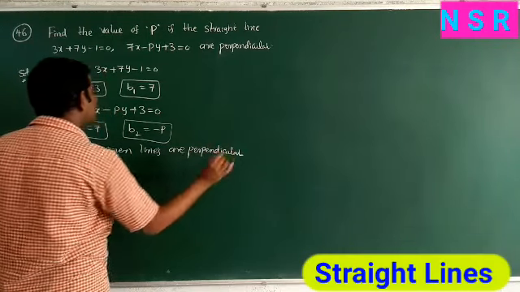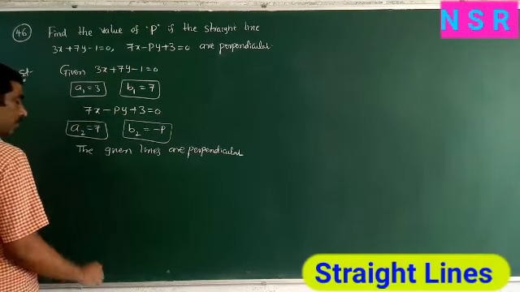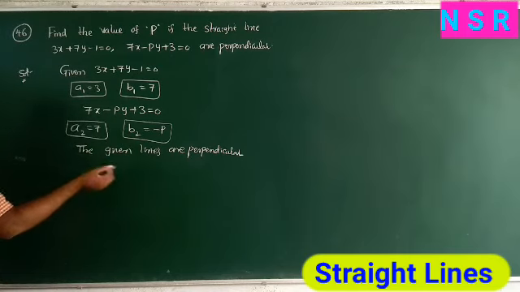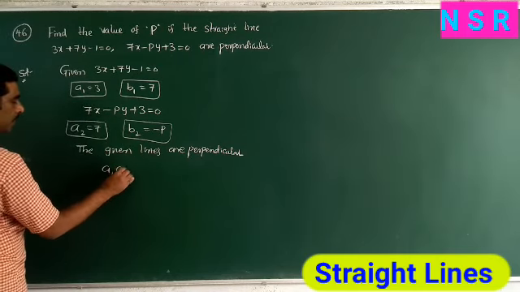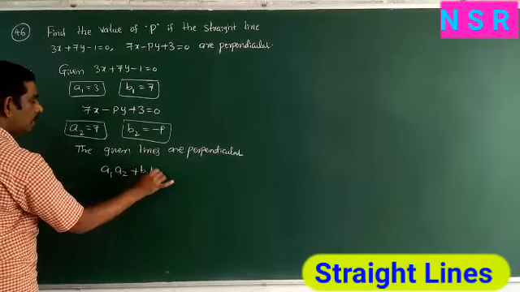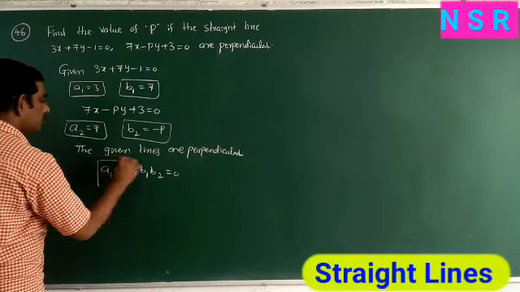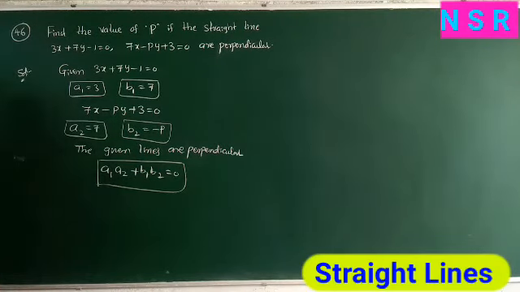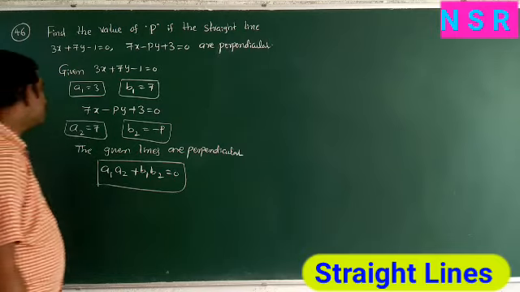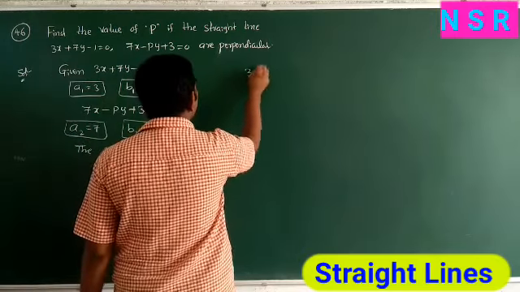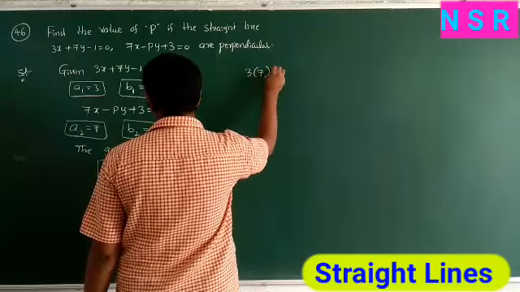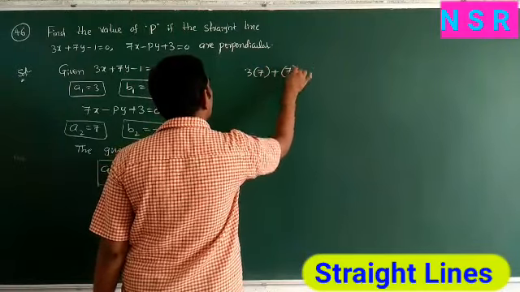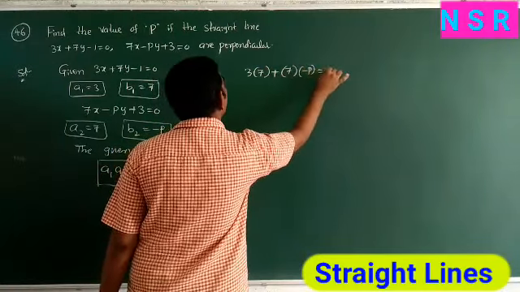If two lines are parallel, a1 by a2 equal to b1 by b2; if two lines are perpendicular, a1 a2 plus b1 b2 equal to 0. So this is the condition for perpendicular lines. Now substitute the values: 3 into 7 plus 7 into -p equal to 0.